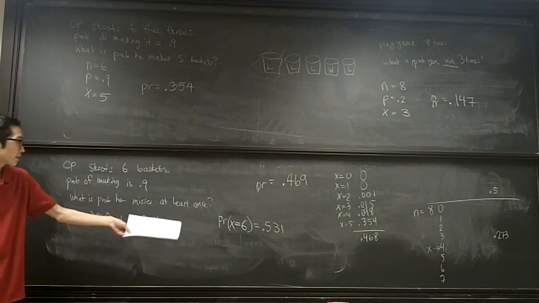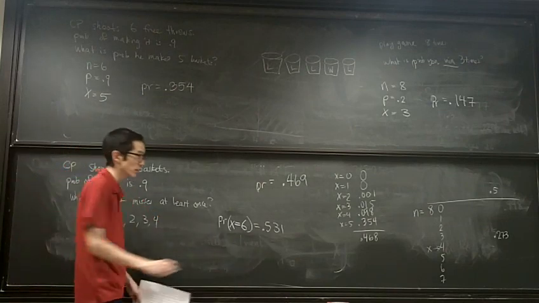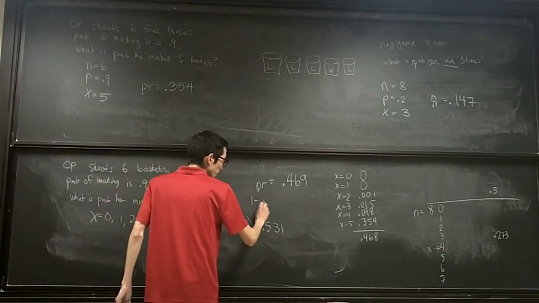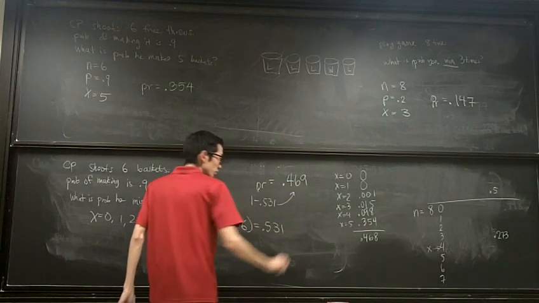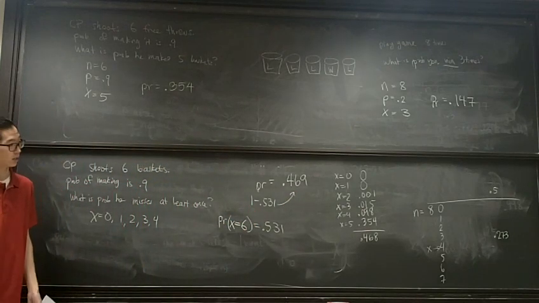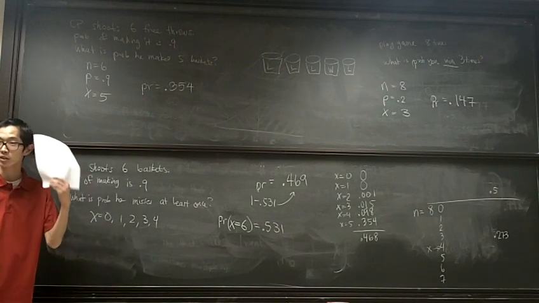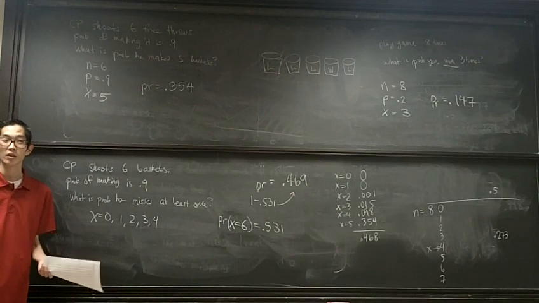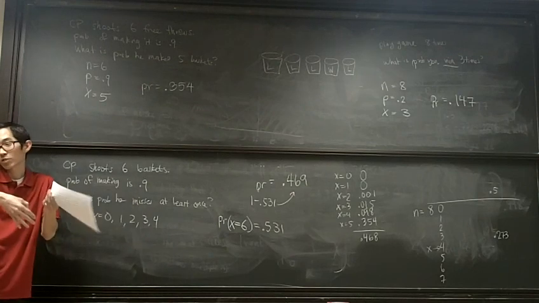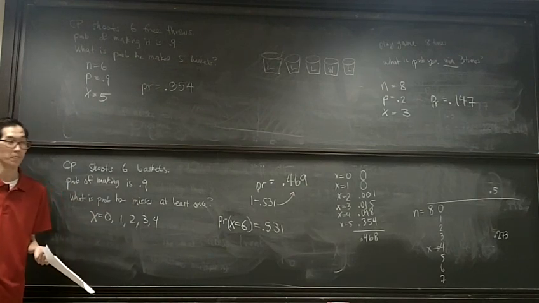So the probability he misses at least once is 1 minus 0.531, which gives me 0.469. That's a shortcut, but it's the same thing. They're just different ways to get to the same answer.